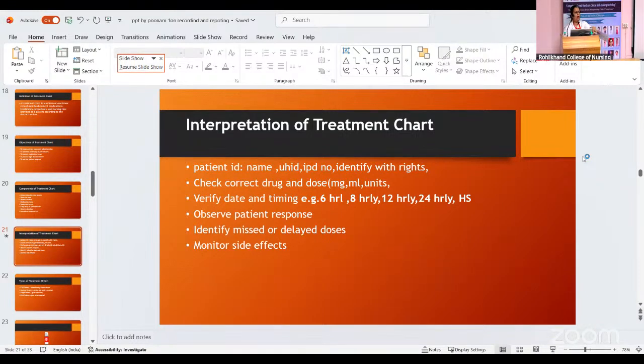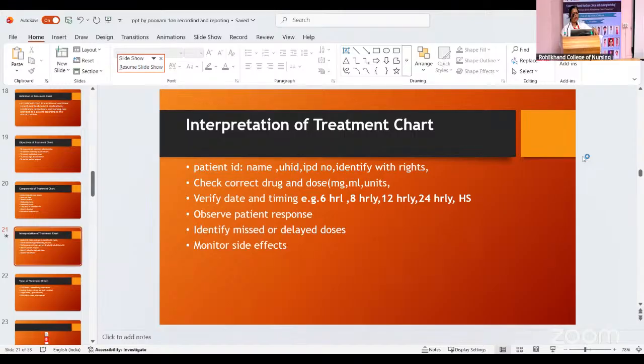What is 6 hourly now? 6 hourly is 4 times a day, 12 hourly is 2 times a day, and 24 hourly is 1 time a day. So we should write only in hours. We should not use abbreviation.